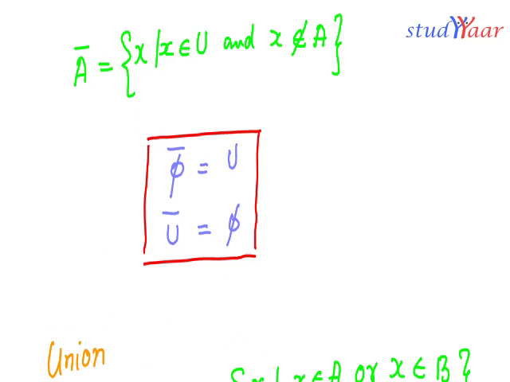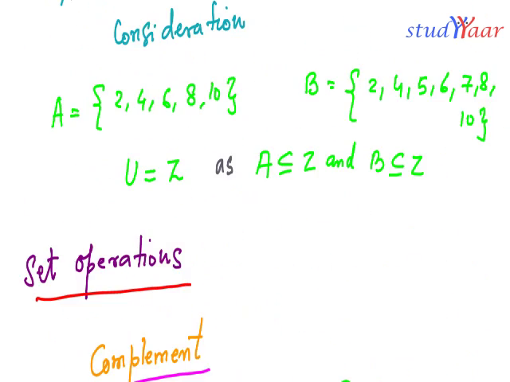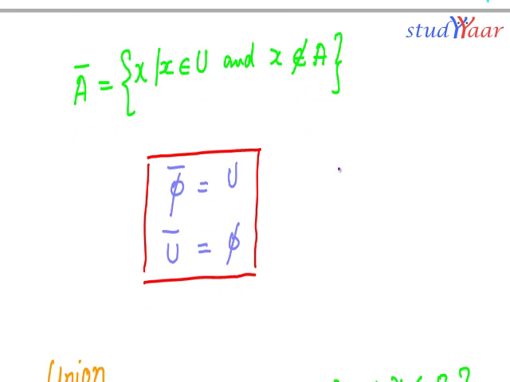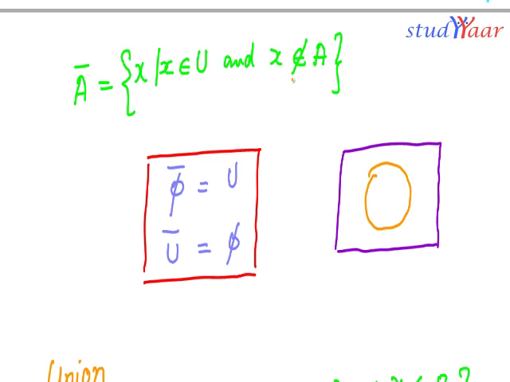What you're going to do is, let us draw a universal set. Let us assume this is my universal set, and in this I have my A. This is A and this is the universal set.